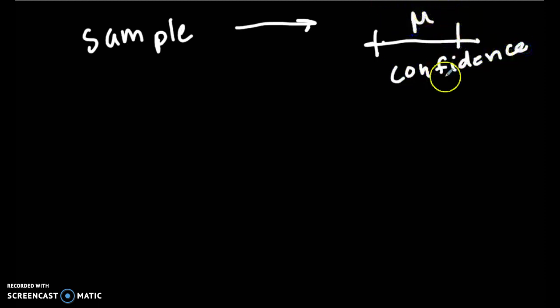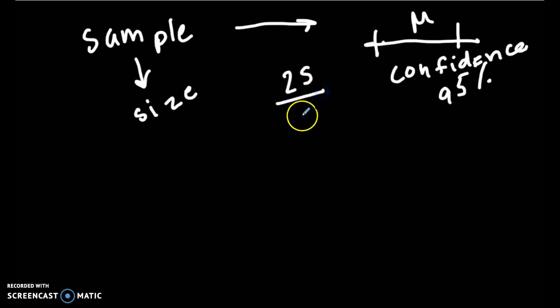We're 95% sure that the population mean lives there. So it looks like the sample is driving this, and in fact, it's the sample size. Remember, our margin of error was 2s over the square root of n. Notice that it's the n that's a big part of finding the E.